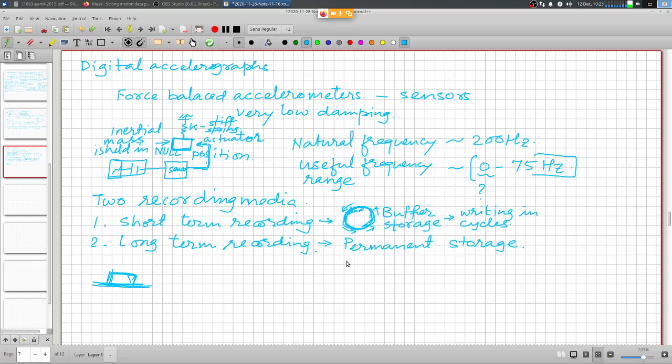So permanent storage will have some pre-event, I should say pre-trigger signal, and then post-trigger signal, that is the main event.